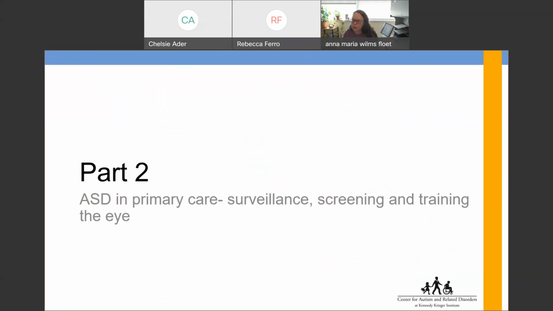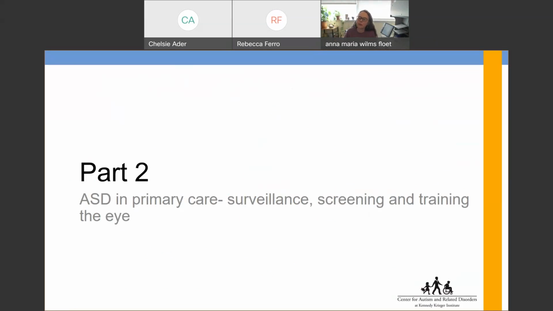So in terms of the approach in primary care, what has the American Academy of Pediatrics guided us on regarding early identification of autism? If you read up on the most current guidelines, I'll share with you a little bit more about those.